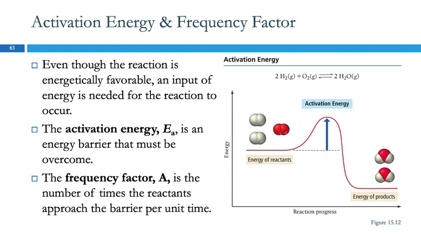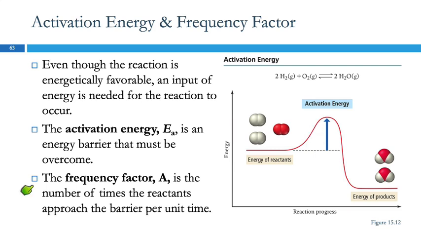So you would think, well, this reaction is just going to go spontaneously at any time. But there's this barrier called an activation energy. And the reactants have to have enough energy to get over that barrier before the reaction can occur. So that's the activation energy, is this hump of energy here.